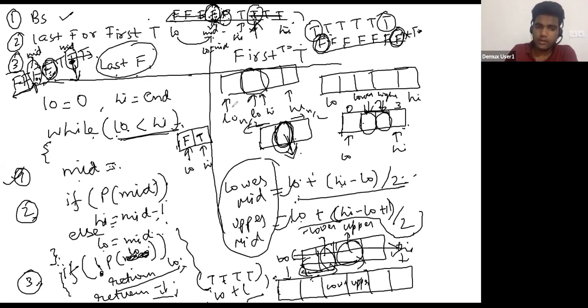Now let's say you are using a lower mid. So your mid will be this, correct? Just evaluate the algorithm. P of mid will be false, so it will come here, else your low becomes mid. So your low again remains as it is.